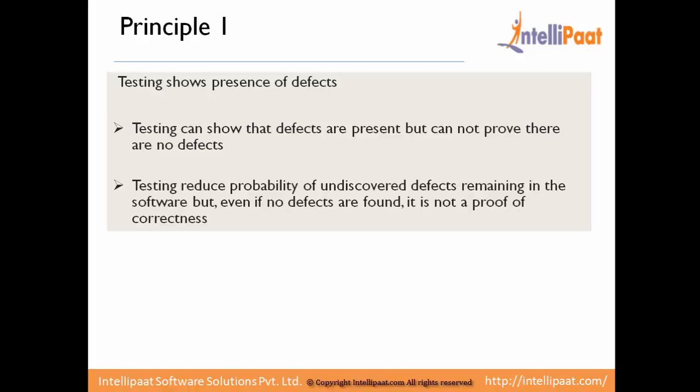So it is still not a proof of correctness, or not a 100% guarantee that there is no defect. But again, let me reiterate the earlier point: if the tester or the end user cannot find it or cannot experience it, then the software is considered to be bug free and they can definitely start using the software.